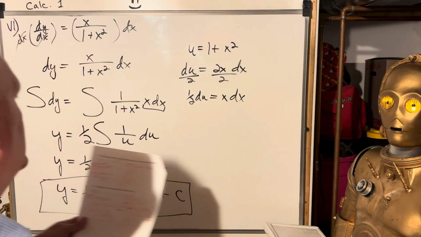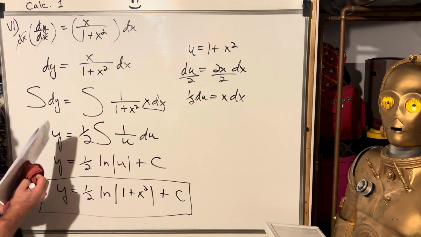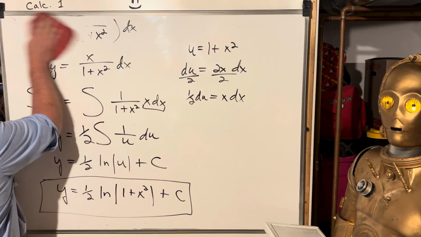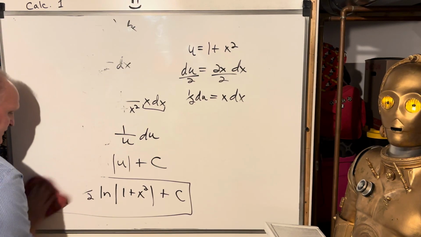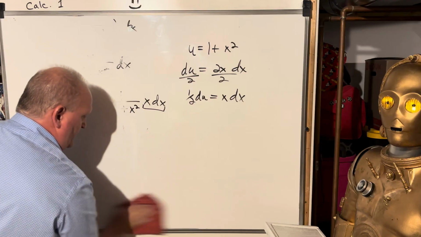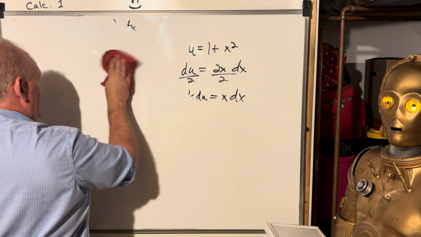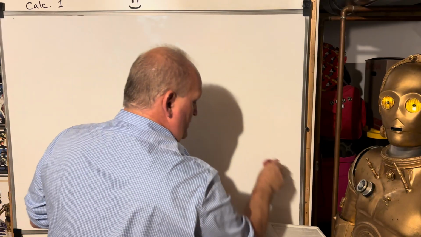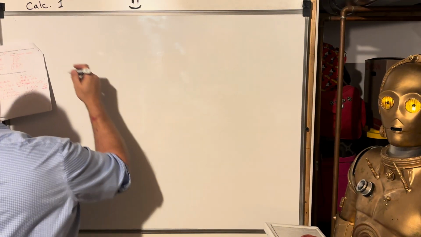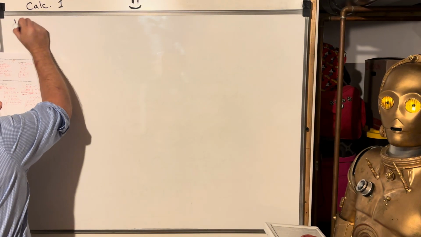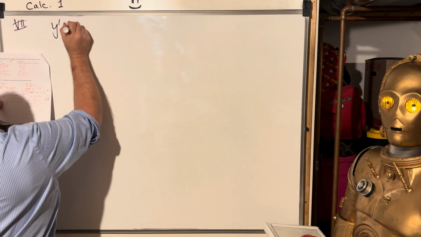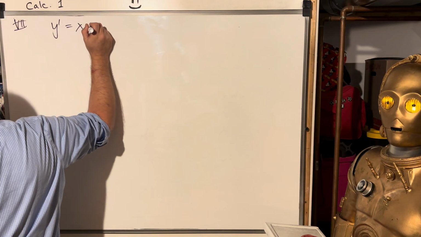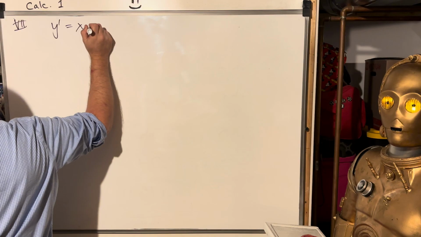Let's look at number 7. So we were doing differential equations, and a little bit of the separation of variables, which we will look at in greater depth later in 6 here. So then number 7 is y prime is equal to x e to the x squared.